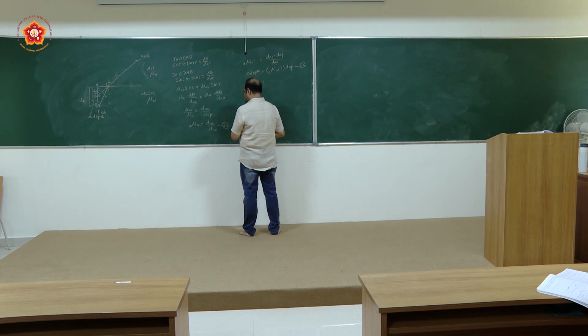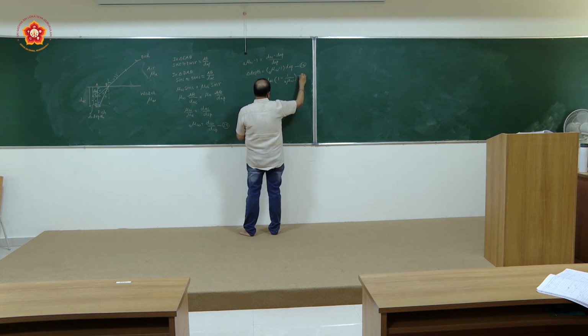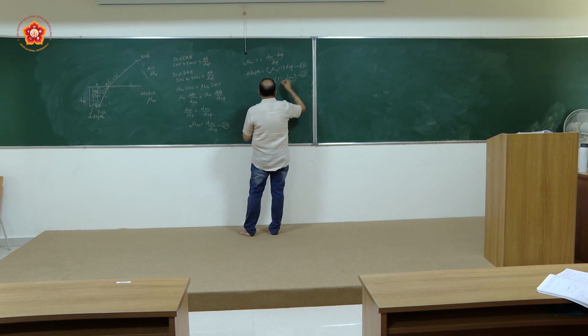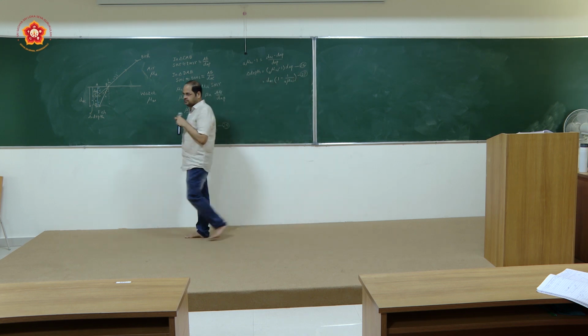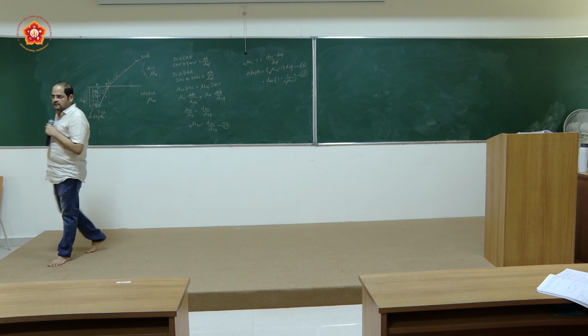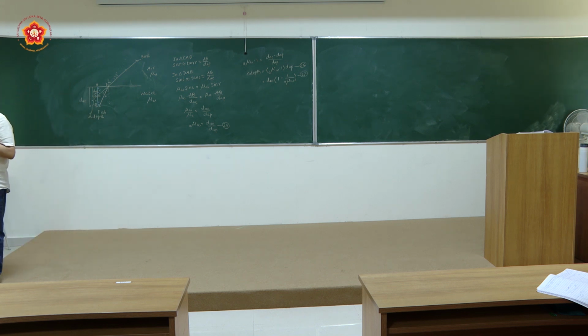So you will be able to write down here D actual into bracket 1 minus 1 upon refractive index of water with respect to air. Getting the mathematics? So birds are able to see the fishes more closer to the surface.